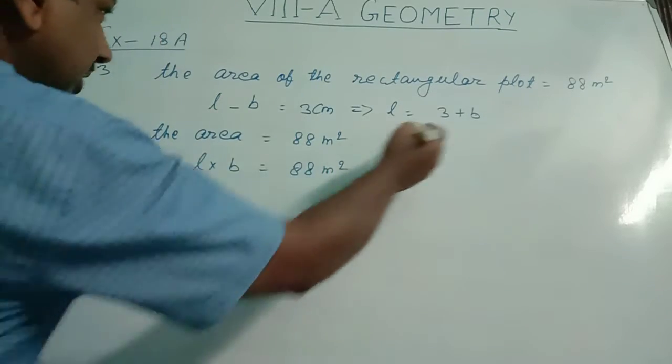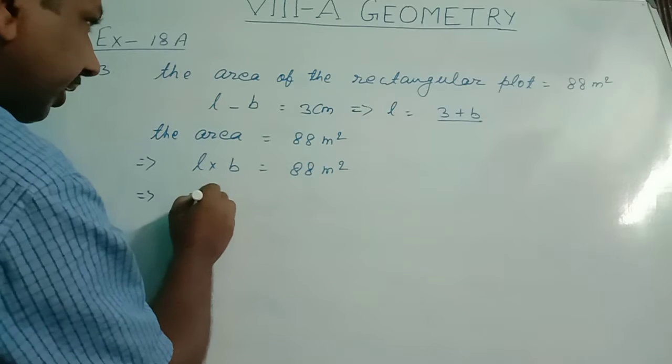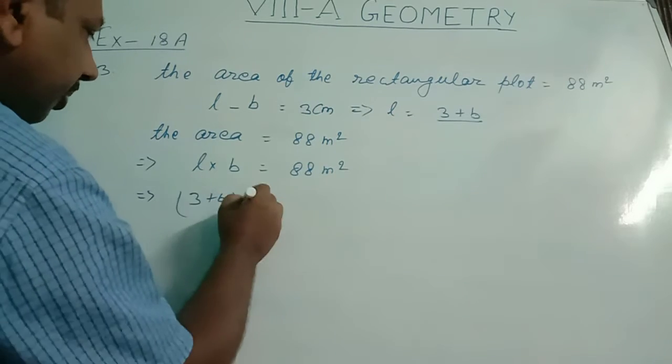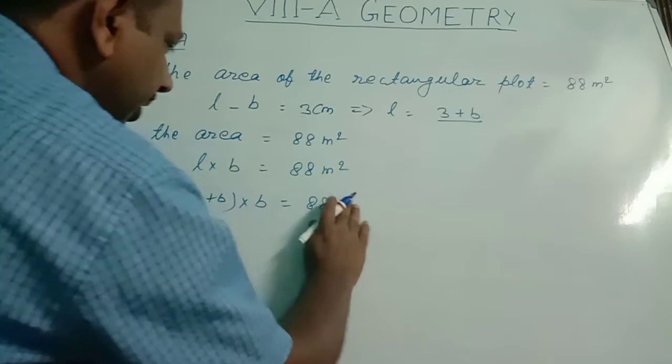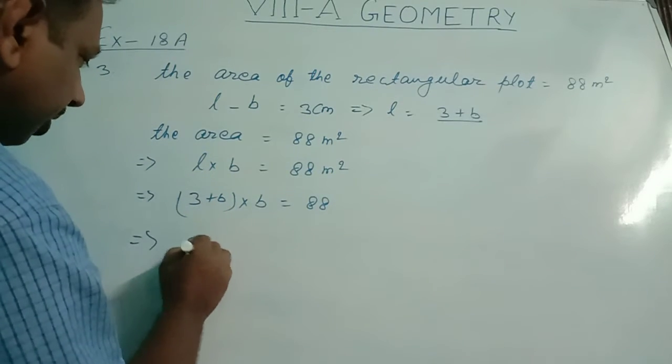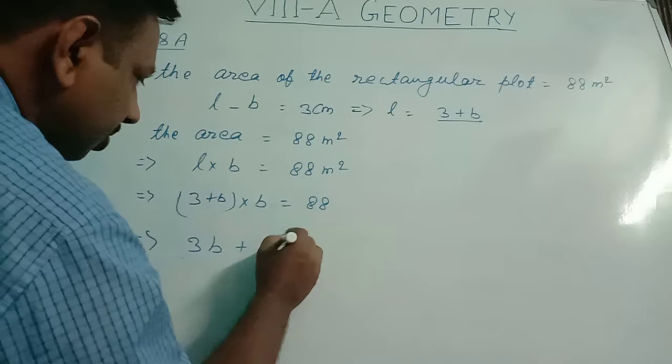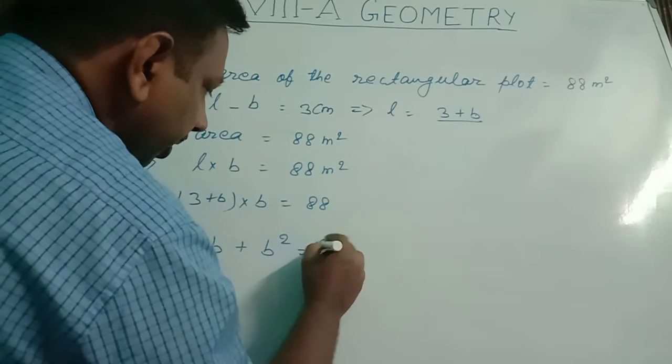The value of L is 3 plus B. We write here 3 plus B into B equals 88 meter square. So this became 3B plus B square equals 88.